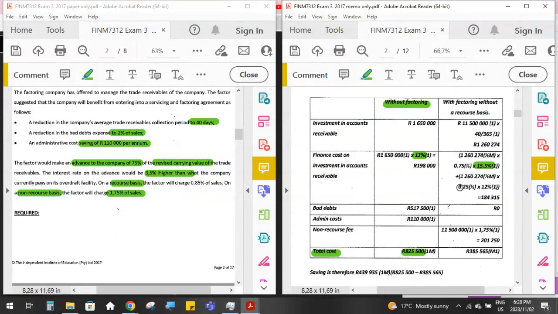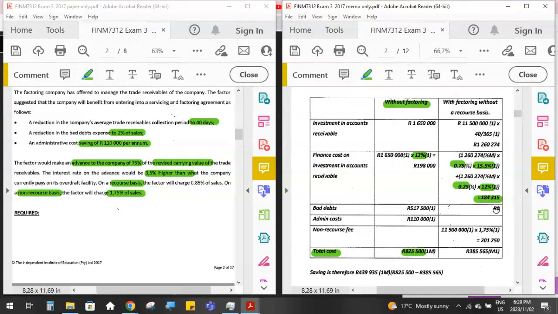And then in addition to that, the other 25% of my investment in receivables, I am going to only be paying 12% on. So the total interest cost is going to be 184,315 on my investment in accounts receivable.